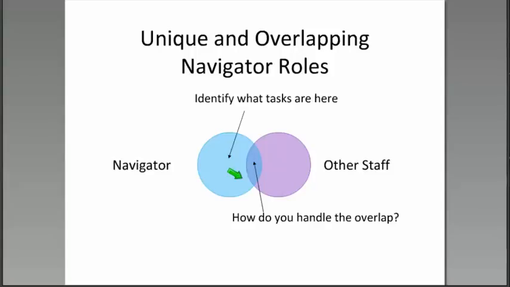So it is going to be important that you remain in constant communication with them as you work in this overlapping area. If another colleague is supporting your client, for example, in housing needs, then as a navigator, that's something you don't necessarily have to worry about, but it will be important that you check in with your colleagues to make sure that the client is receiving the services they need, and so forth, and vice versa.